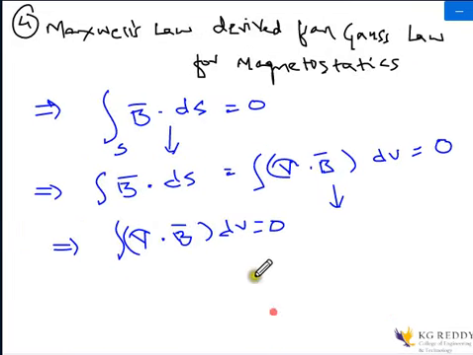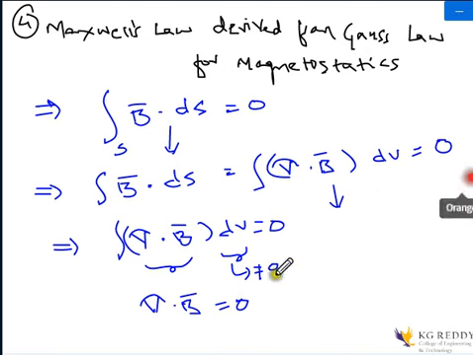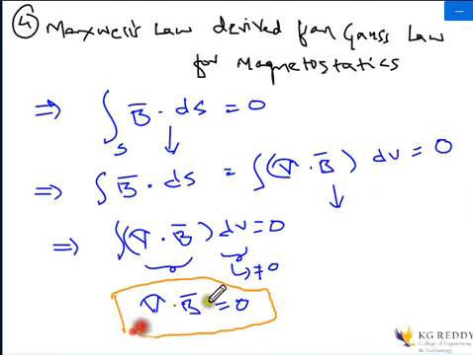So here also dv will not be 0; either this should be 0 or that should be 0, but dv will not be 0. Hence we can say that divergence of B is 0. This is the fourth Maxwell's equation, which is derived from the Gauss law.